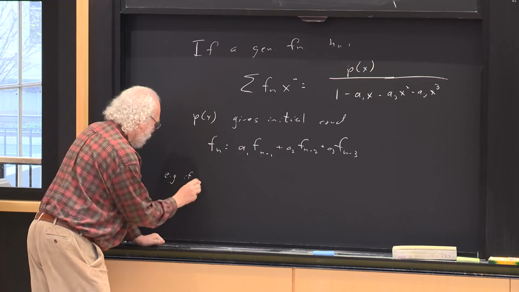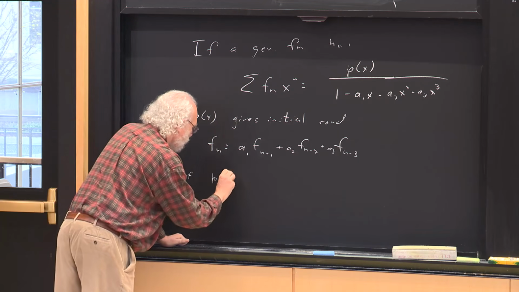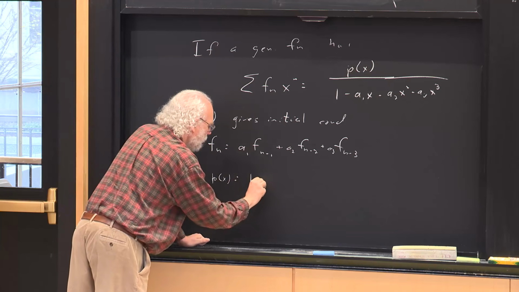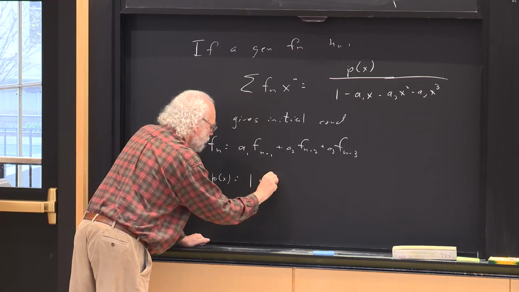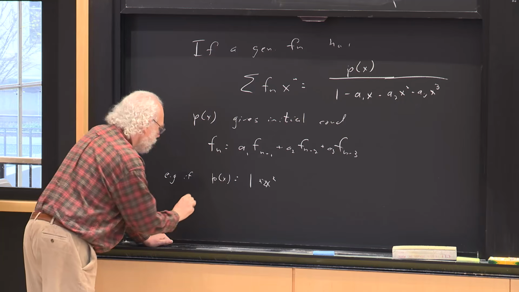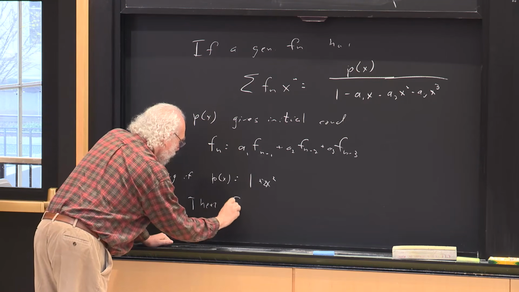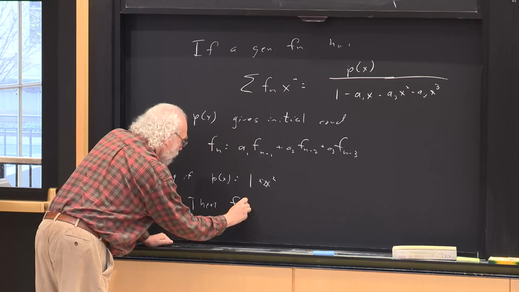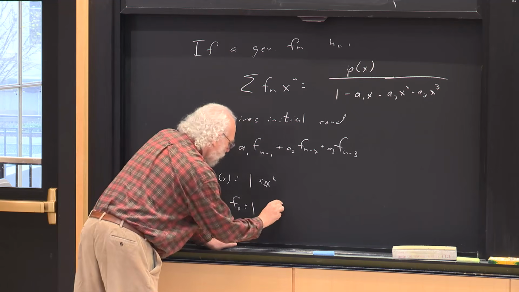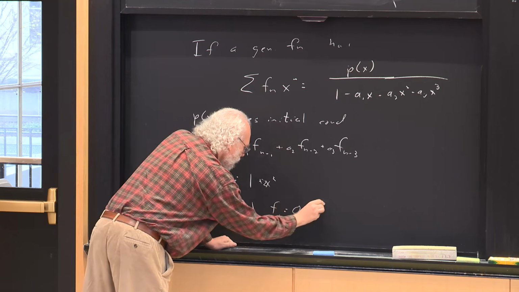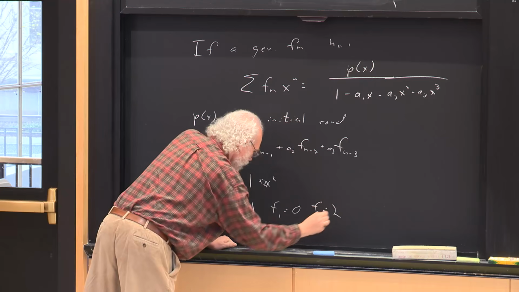For example, if p of x equals 1 plus x plus 2x squared, then I want to say f sub 0 equals 1, f sub 1 equals 0, and f sub 2 equals 2.